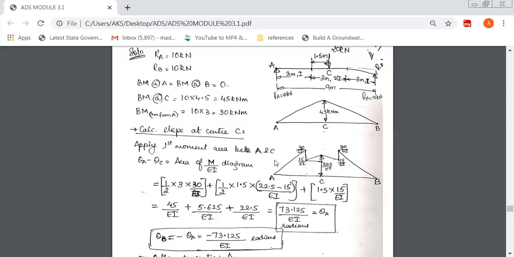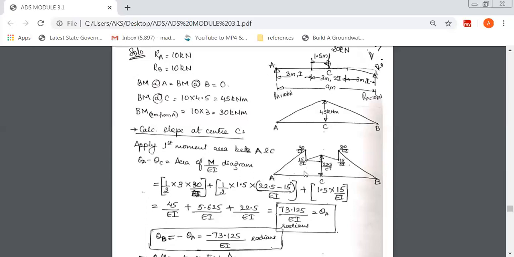Now, because it is symmetrical, we'll take only this AC portion here. So we'll apply the first moment area theorem, that is the slope theorem, only between A and C. So between A and C, theta A minus theta C. At the center, we know that theta C is always 0.